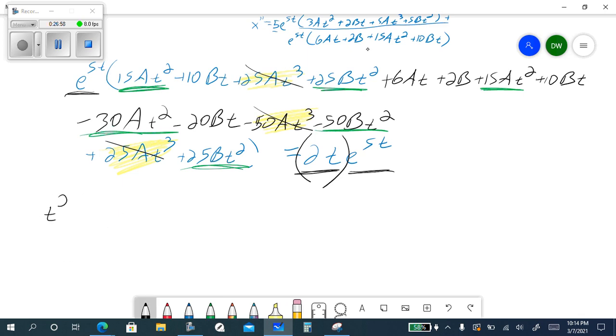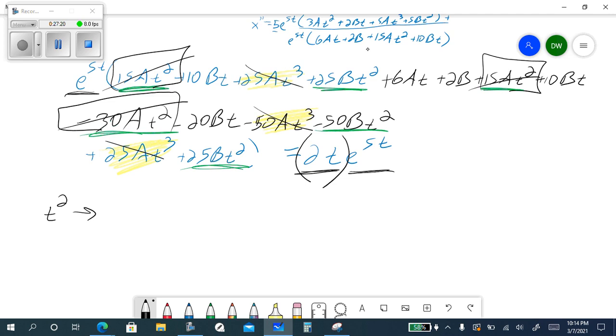So for the t squareds, I'm going to do a square around the a's. Notice these just canceled. Here's 15a t squared, another 15a, so that's 30a t squared minus 30a t squared. So those cancel. So we have a 25b t squared here, a 25b t squared here. That's 50 minus 50b t squared, so those cancel.